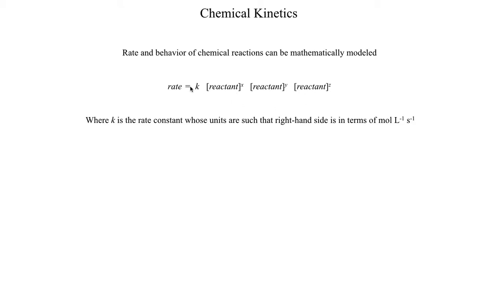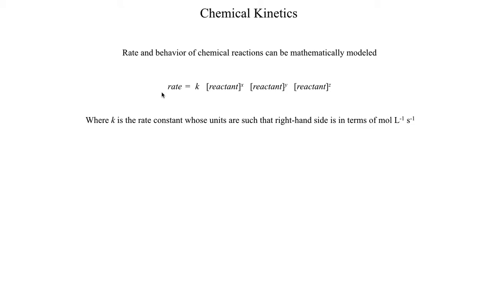at a time. So again, k is what's referred to as a rate constant, and the weird thing about k is the units can actually change quite a bit, but the units for k are such that the right-hand side here and the left-hand side turn out to have units of moles per liter per second.